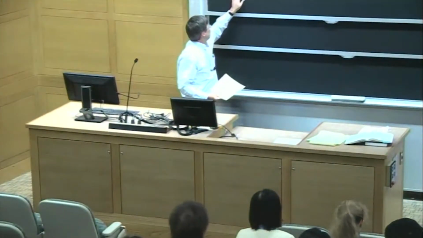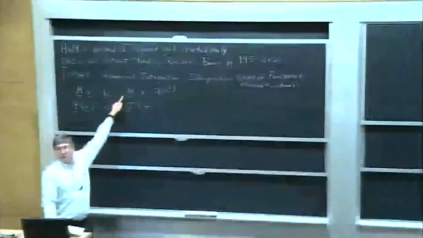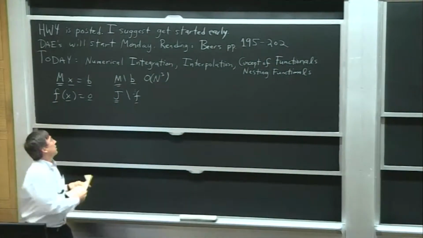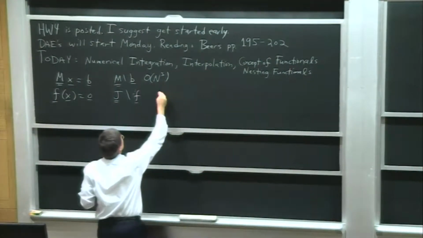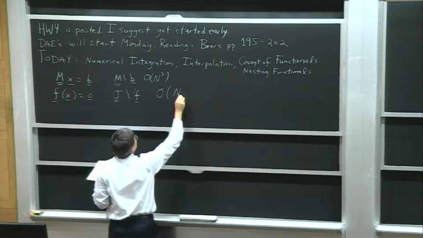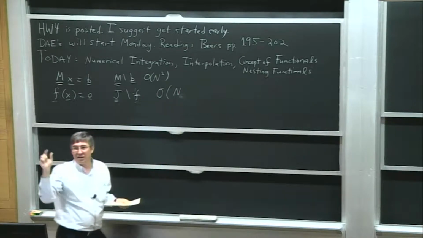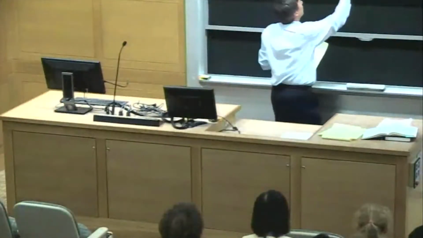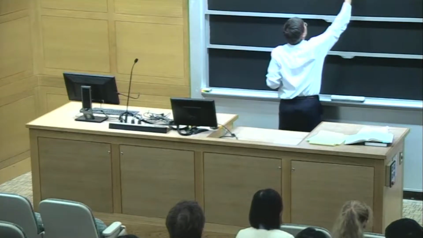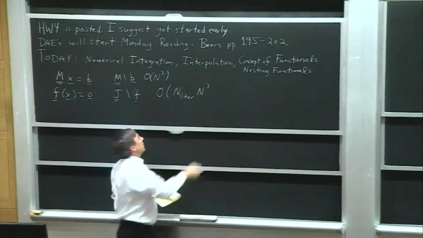So all we did in this method a lot of times is we just kept on calling this method over and over again. So this took order n cubed. This thing's going to take order of n, I don't know what you call it, steps or something. Maybe you guys have a word for it. What do you call the iterations? Iterations. So it takes the number of iterations times n cubed.